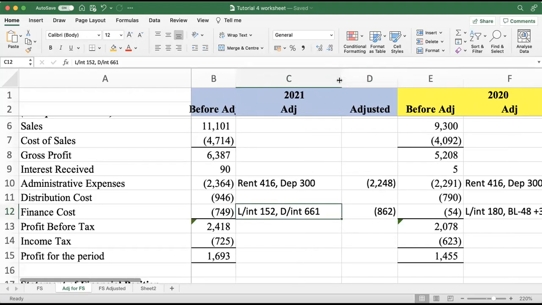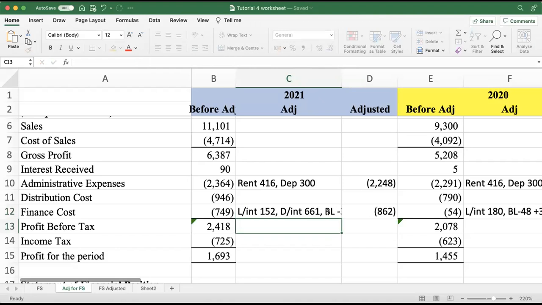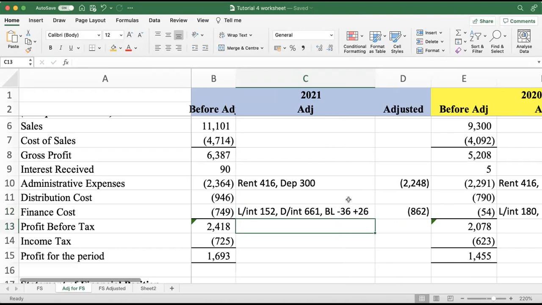For the bank loan, the adjustment is remove 36 and add 26. For the bank loan, the amount already charged to finance cost, you should remove and take the correct interest value.